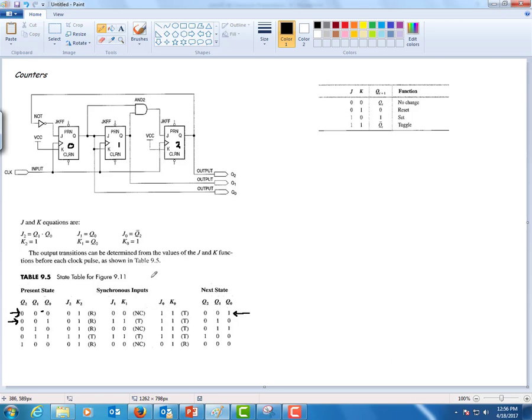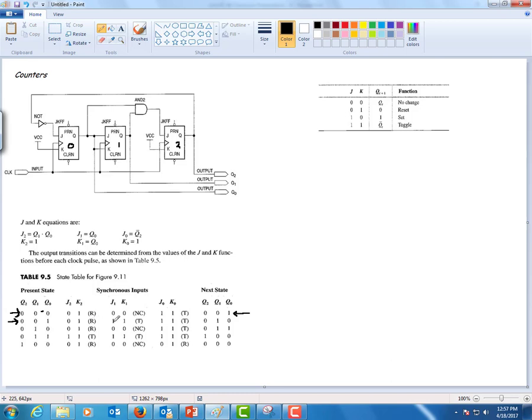That K0 is going to stay 1. It's tied to VCC, I'm sorry. J0 is equal to Q2 bar. Well, what's Q2 equal to? 0. Q2 bar then would be equal to 1. Hence you have 1. So with 2 1s, this is in the toggle condition, just like J1, K1, and this is in the reset condition.